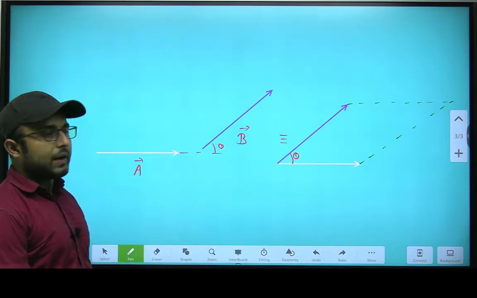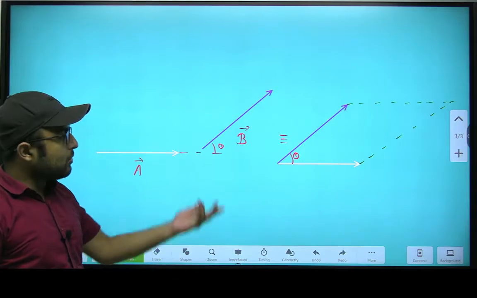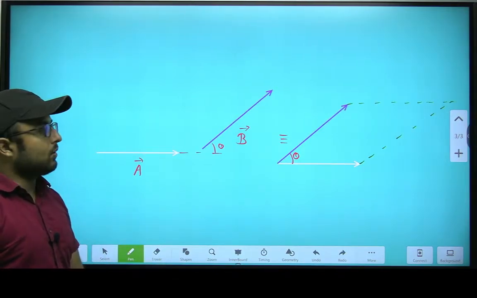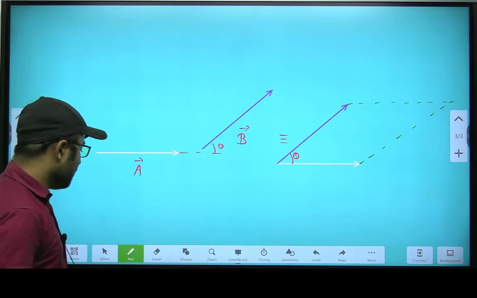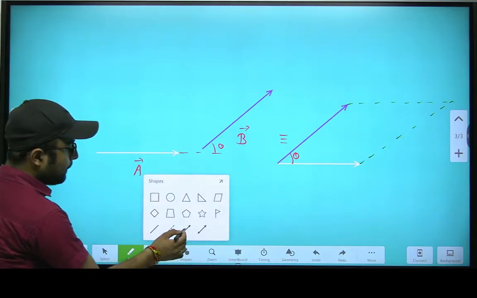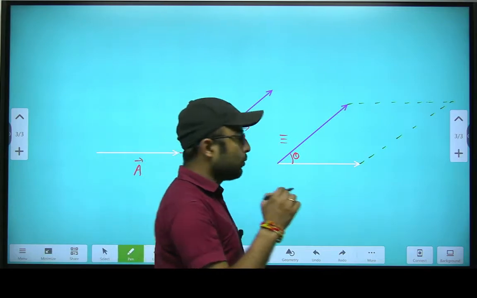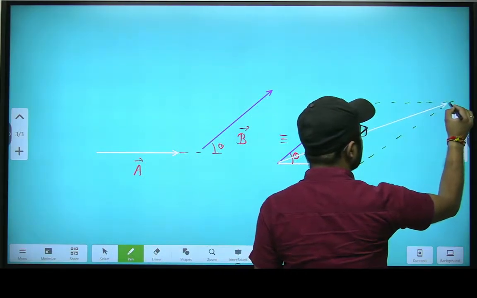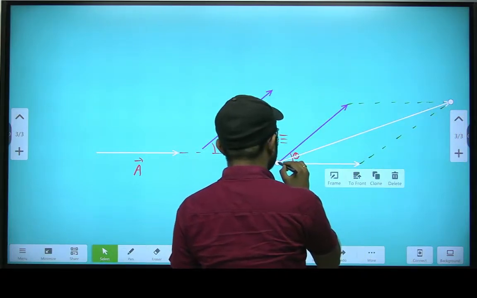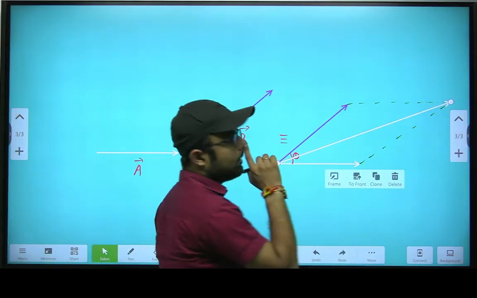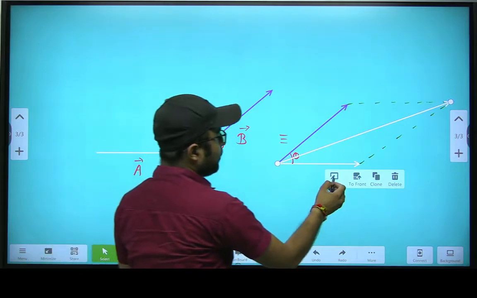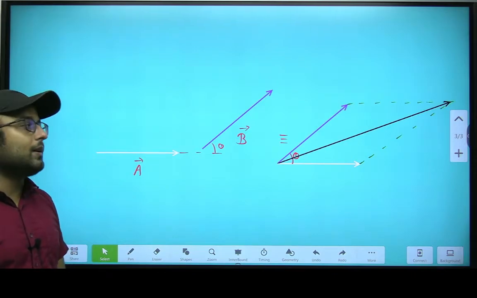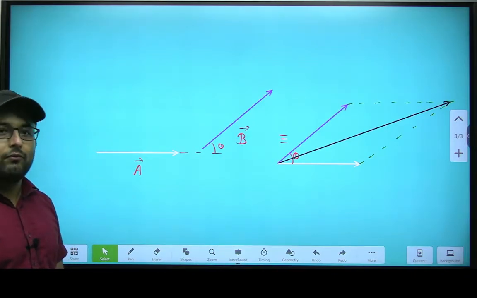Now a parallelogram is nothing but a quadrilateral. A quadrilateral has two diagonals. So the diagonal of the parallelogram which will pass through the common tail will give you the sum of the vectors.